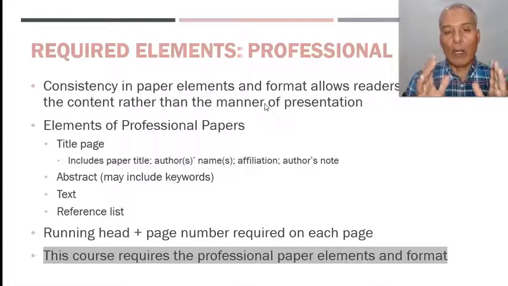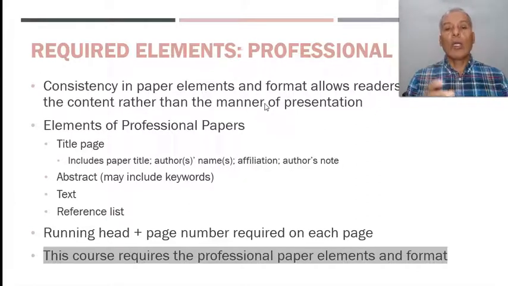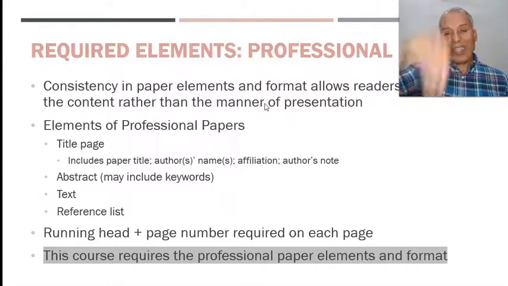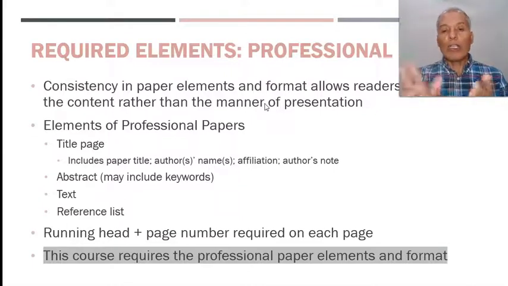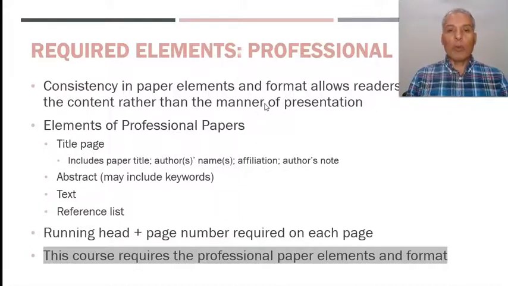Are there reference lists? And so on. Are there references cited in the text? So if these are missing from the beginning, I would save my time. That paper doesn't meet the minimum, the basic requirements. So it has to follow this APA format and style.